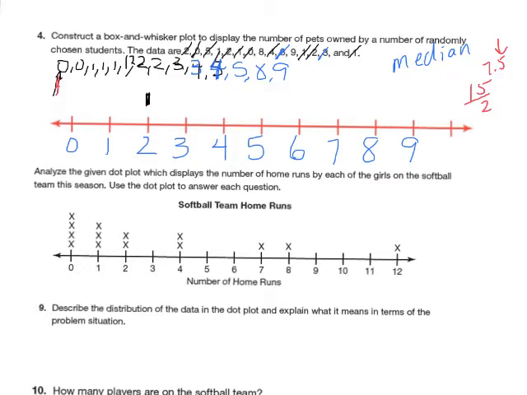Now we need to find the first quartile, which is Q1. So we need to find the lower half. The lower half was from here to, so we need 7.5, right? So we got 1 2 3 4 5 6 7.5.